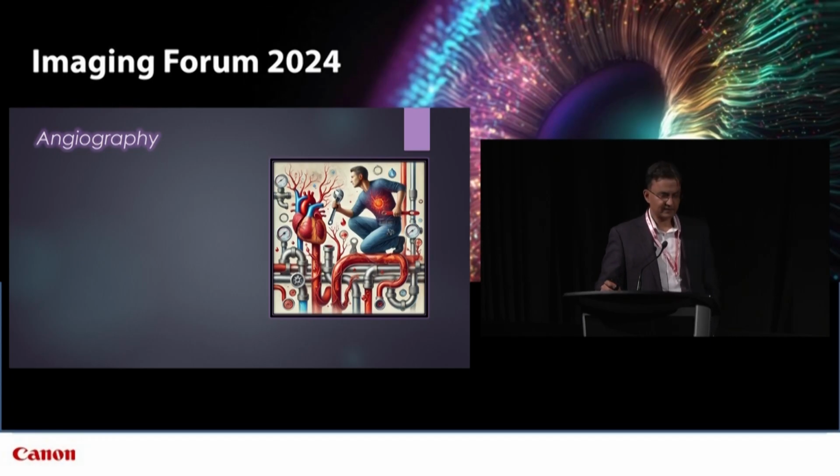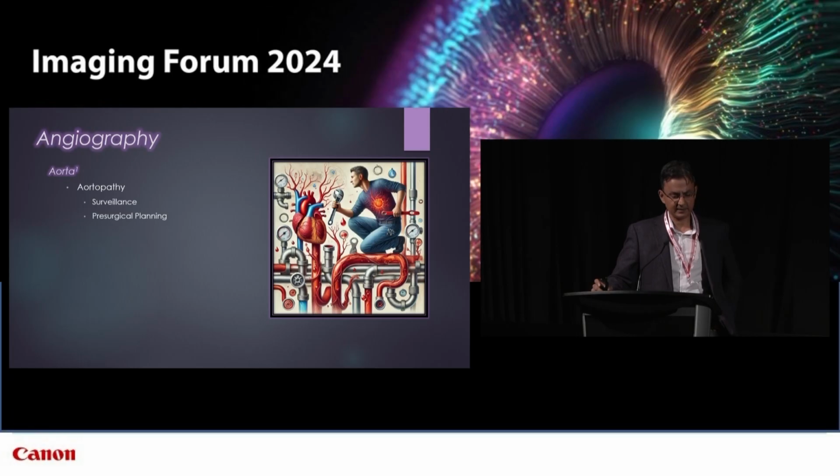I often liken a lot of cardiovascular disease to plumbing. Either something's blocked or it's leaking. And angiography is largely what we're answering, independent of the vascular bed. The advent and increased availability of gated thoracic aortic angiography has led to earlier detection and reproducible surveillance of aortopathies.